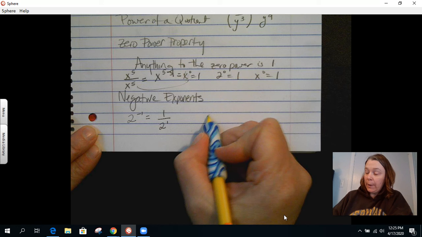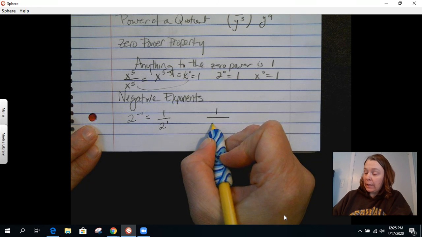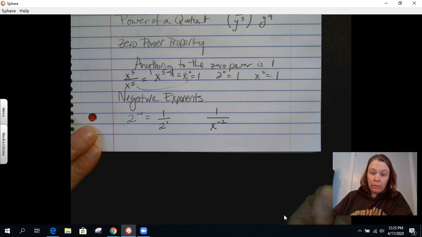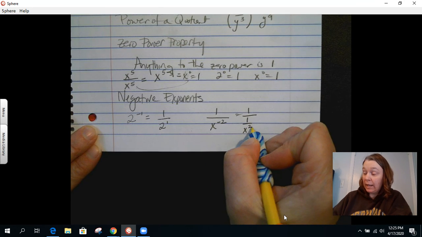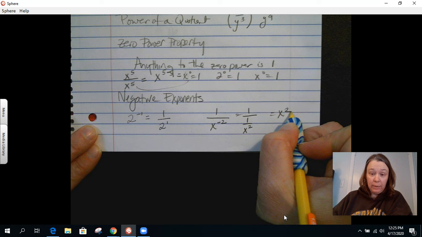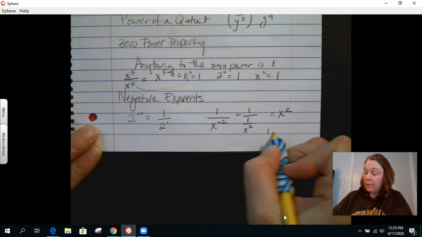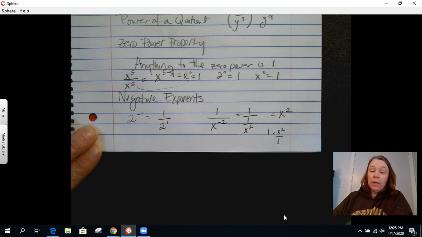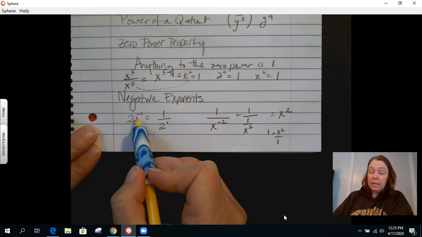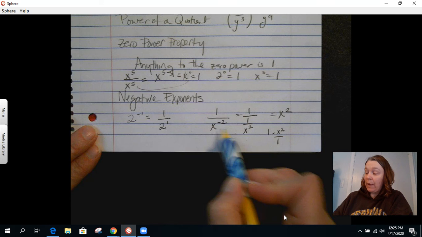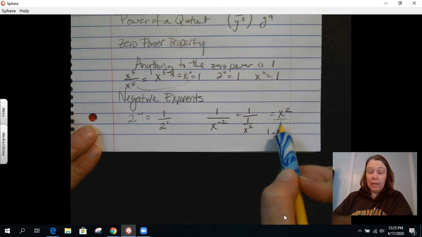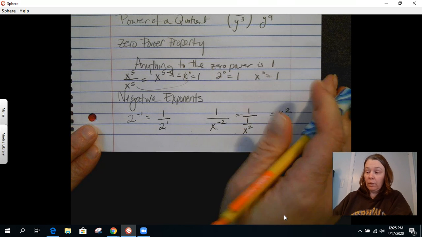If I had 1 over x to the negative second, I could think of this as 1 over x to the second, but then that's just x to the second, right? Because this is like having 1 times x to the second over 1. So the idea is if it's a negative exponent in the top, I move it to the bottom and make it positive. If it's in the bottom, I move it to the top and make the exponent positive.